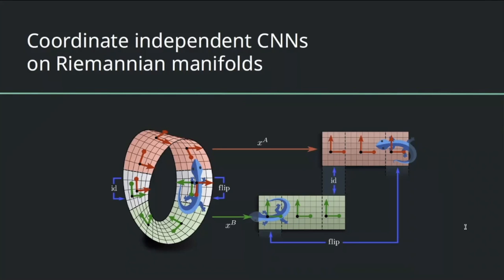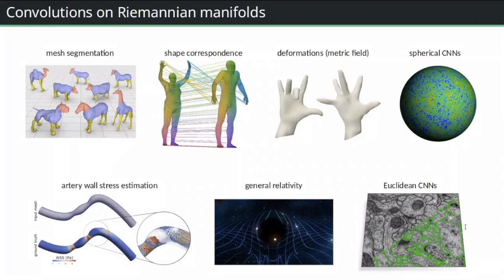So now we will go to manifolds. And maybe I first want to give a motivation of why we are interested in defining convolutions on manifolds. I am personally interested since it's a nice mathematical setting, but from the application side, you could do something like segmenting meshes in computer graphics. Then people applied these neural networks to do shape correspondence tasks.